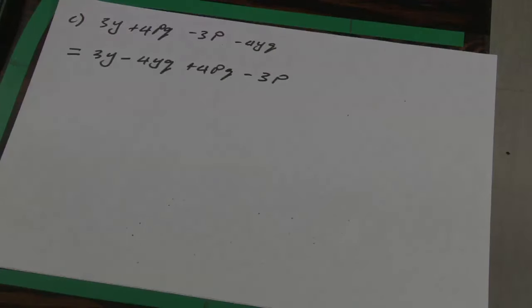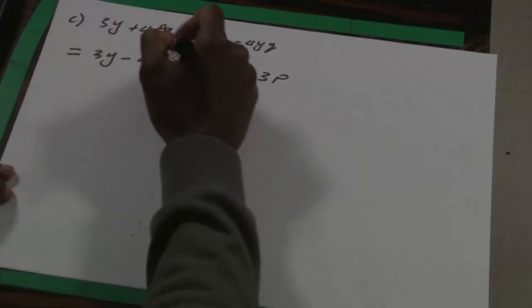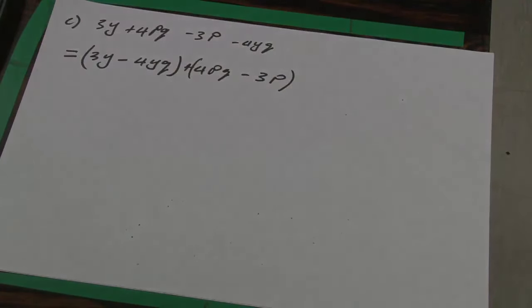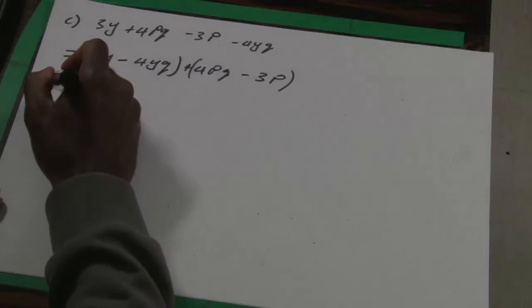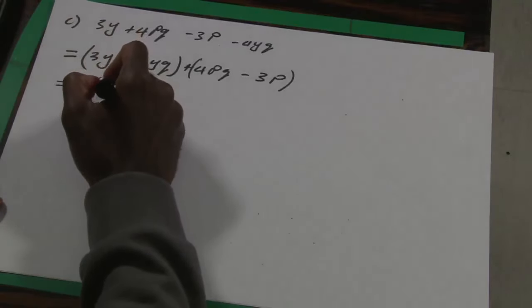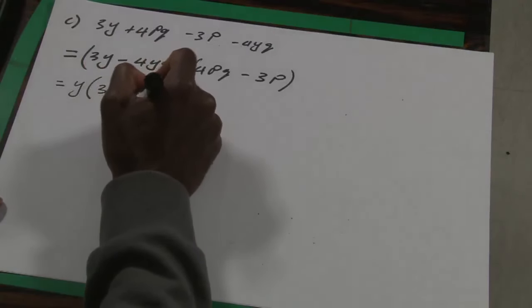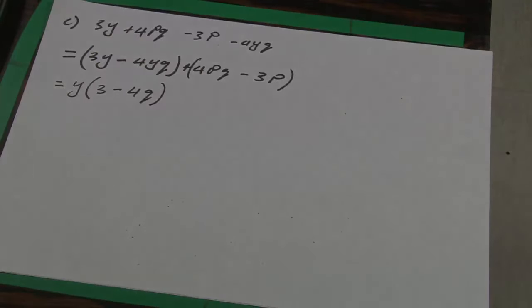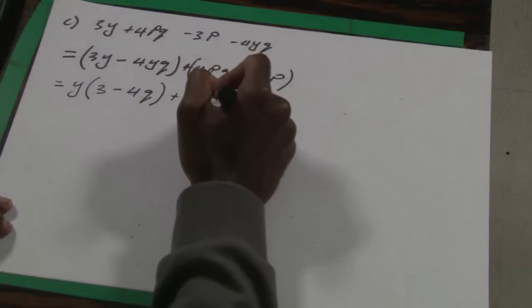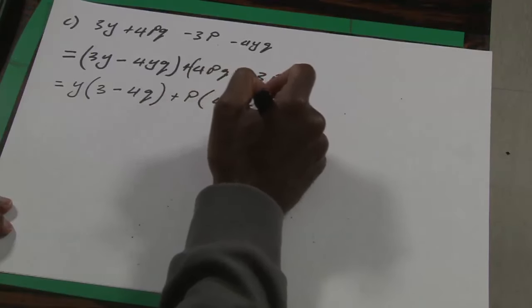Okay, so the first two terms contain y, the last two terms contain p, so they also have a common factor, and therefore we just again group like we did in the previous example, and we factor the common terms out. For the first one, we can write this as y, and then we have 3 minus 4q. And in the last one, we have plus p, 4q minus 3.